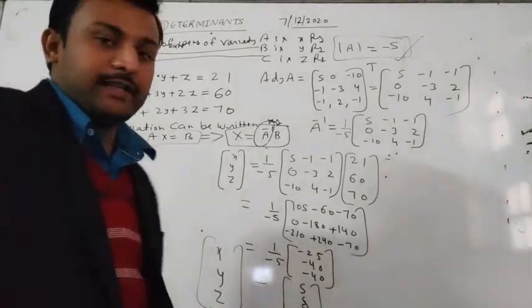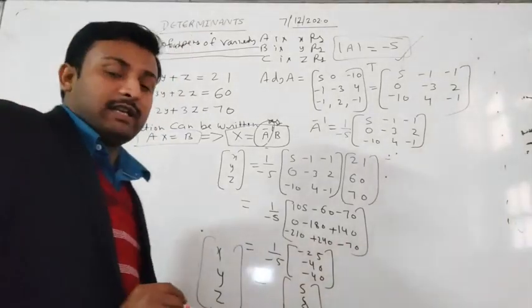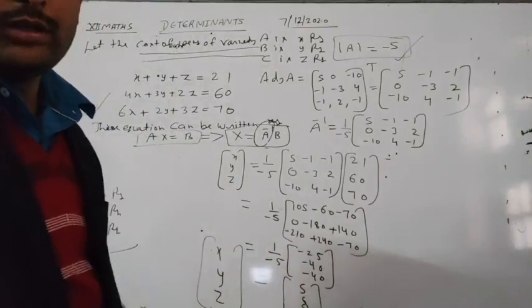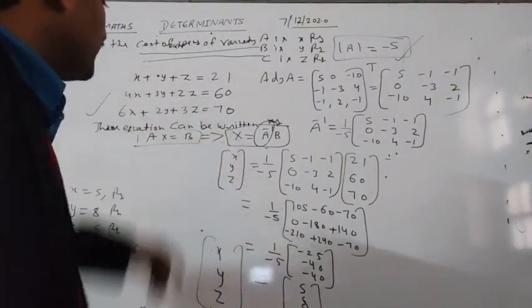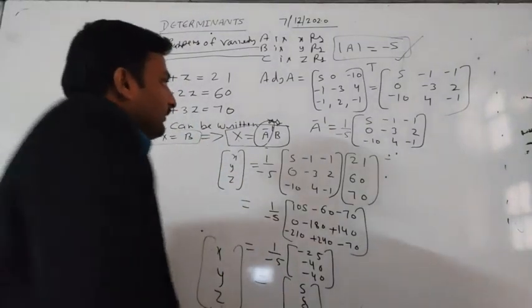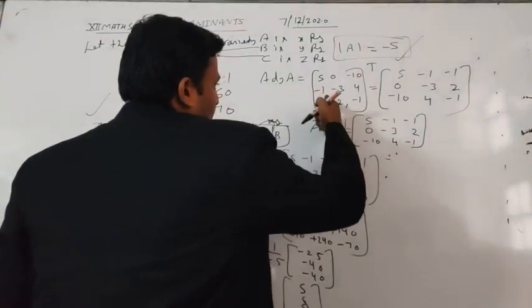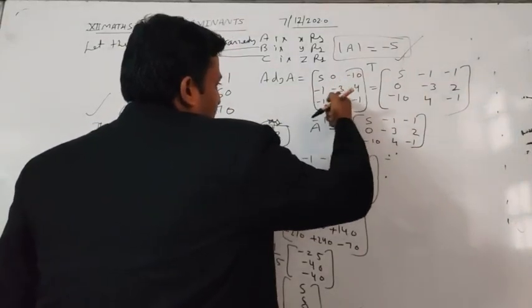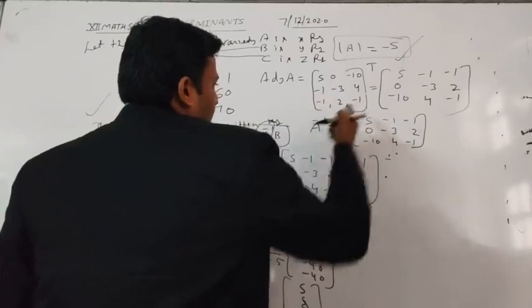Now we will find the adjoint of A. To find the adjoint of A, we will find the cofactors from here. So we have found the cofactors, which are 5, 0, minus 10, minus 1, 3, minus 4, minus 3, 4, minus 1, 2, minus 1.